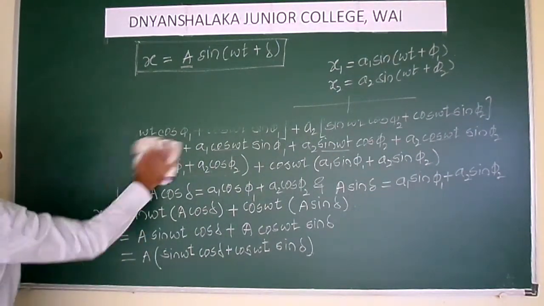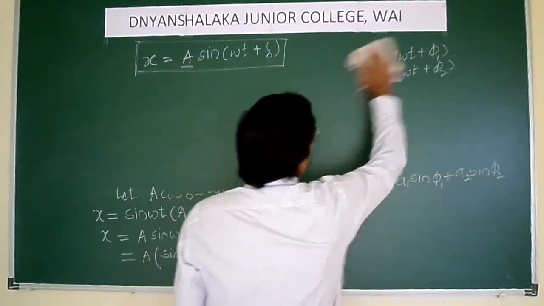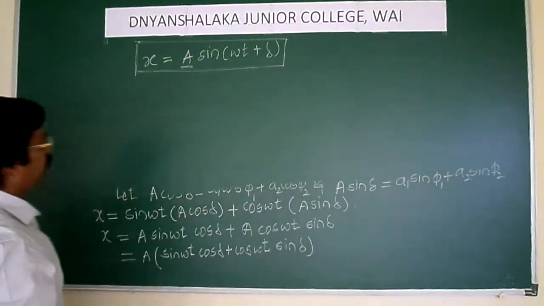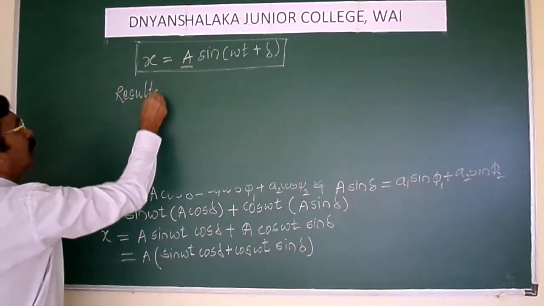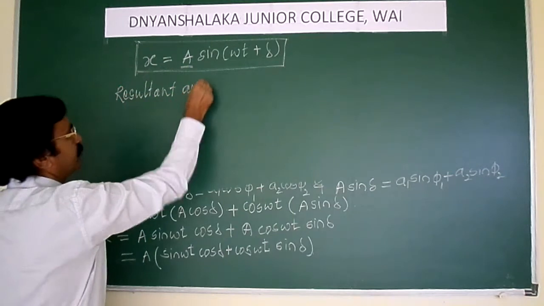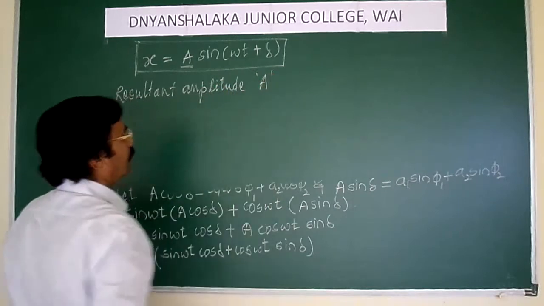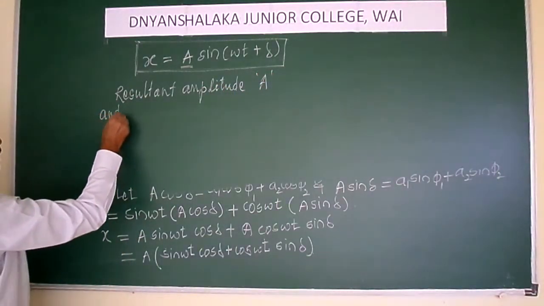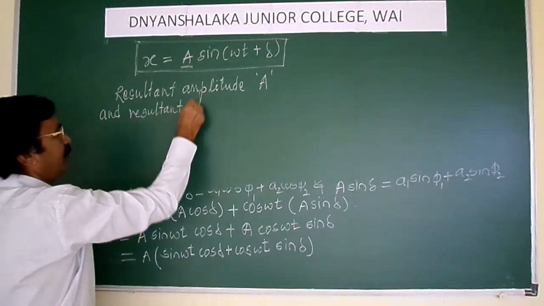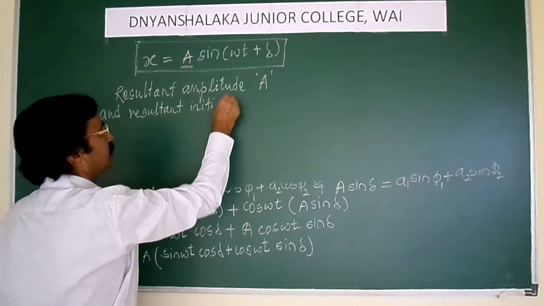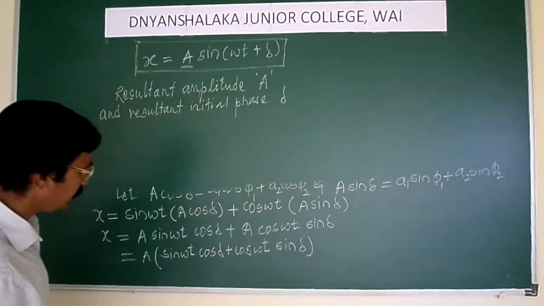Now from this particular expression, let us try to find out the resultant amplitude A and the resultant initial phase δ.